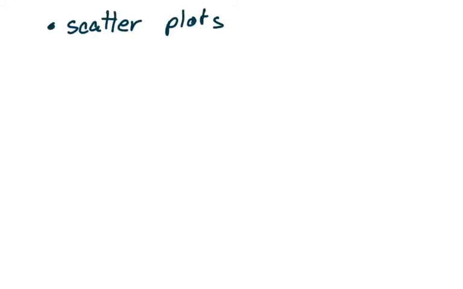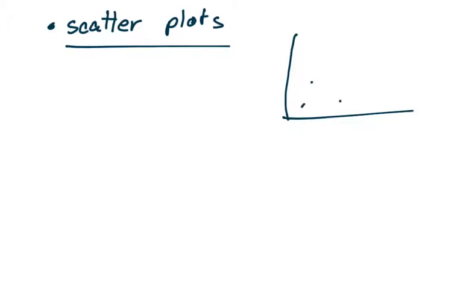So the first was the notion of scatter plot. Remember, we would create a point on the graph, a dot, if you will, for each of the ordered pairs of data. We have pairs of data, X's and Y's that go together.